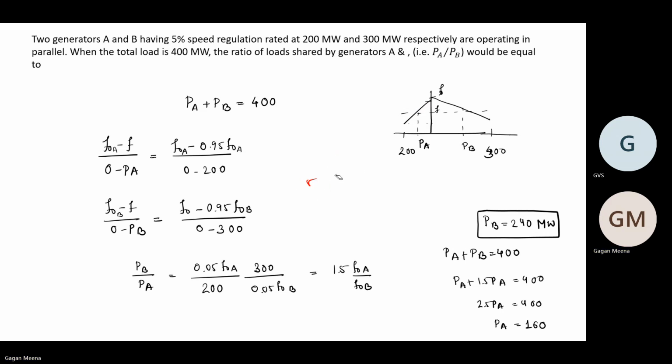What is the system frequency then? That's why we operate the generators on the same regulation. So if we consider 4%, then take both of them at 4%. Then one is 200, the other you will get 320.